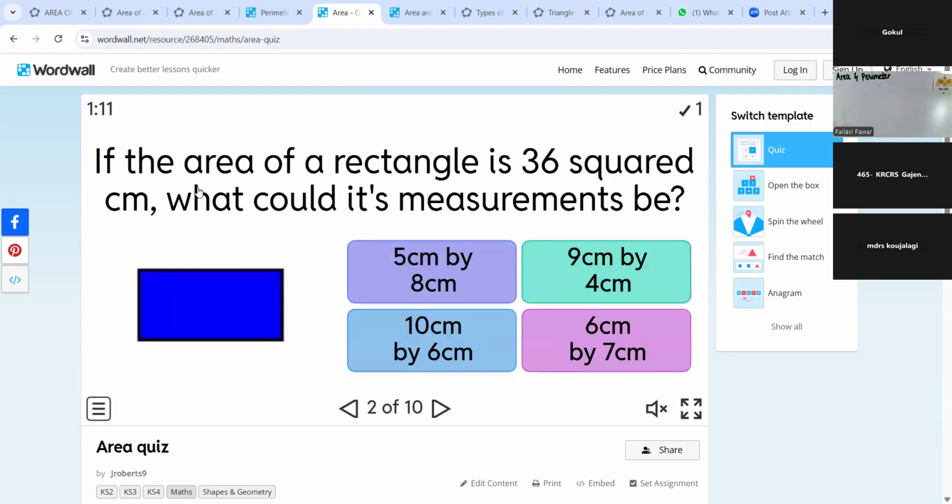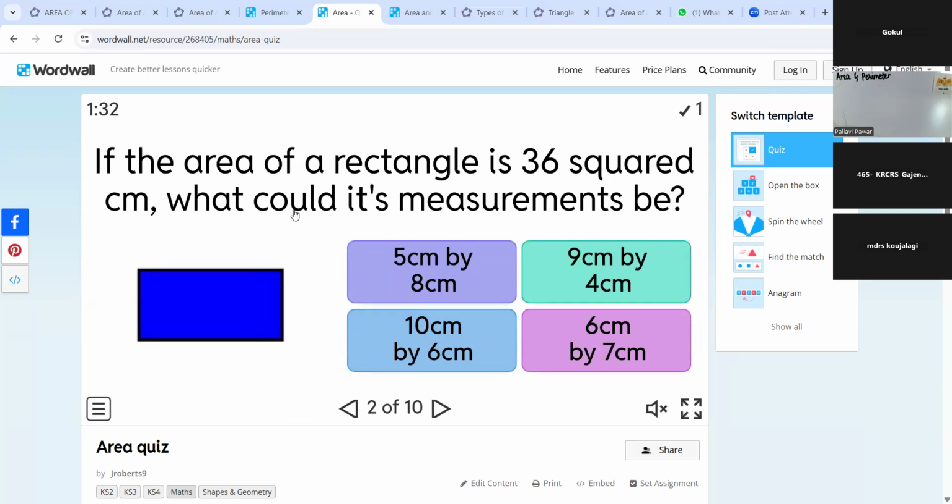Now try to do this one. If the area of a rectangle is 36 square centimeter, what could its measurements be? So area of a rectangle is length into breadth. What they have given, its area is 36 square centimeter.